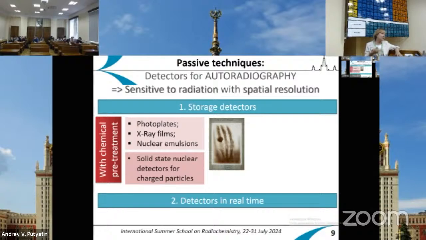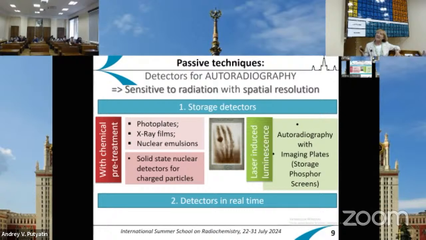It was the first discovery of radioactivity. All of these detectors need chemical pretreatment to reveal the signal. And here it is solid state nuclear detectors for charged particles. It needs chemical pretreatment too.